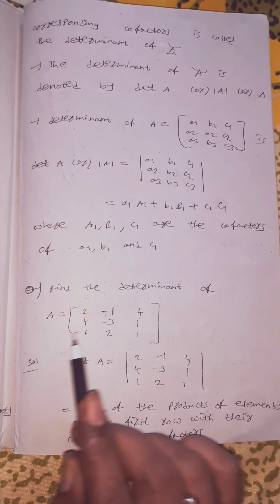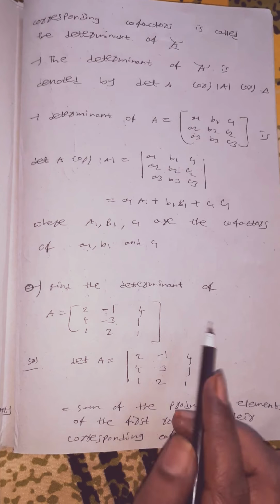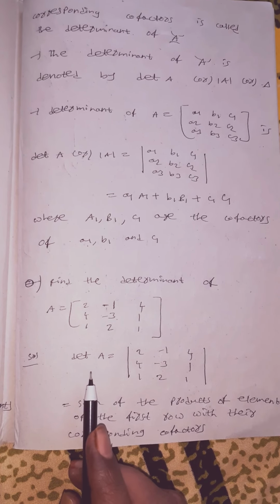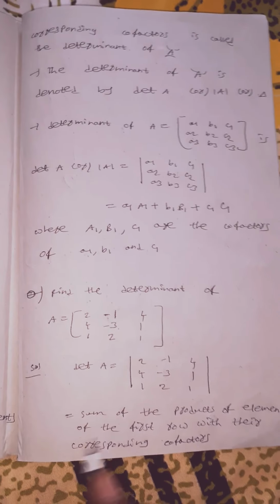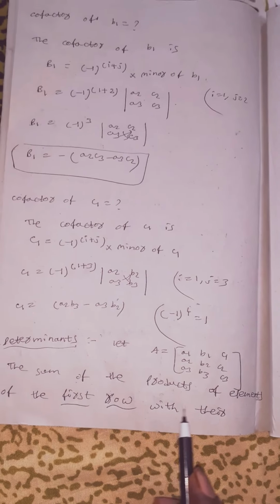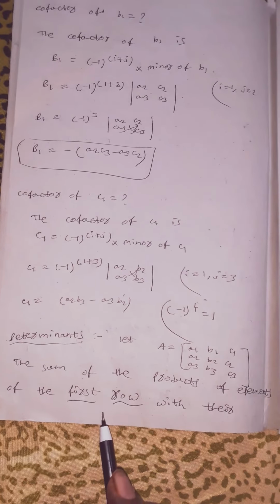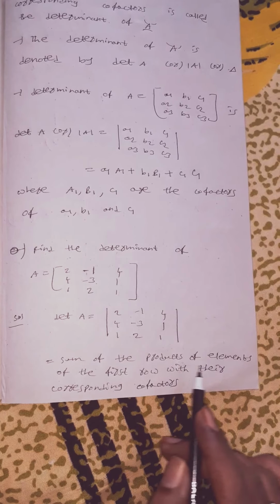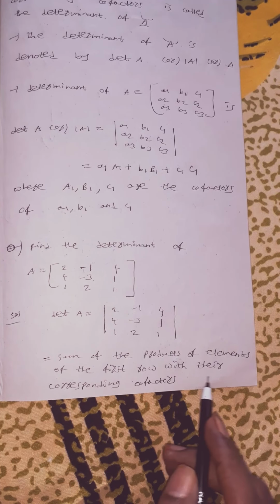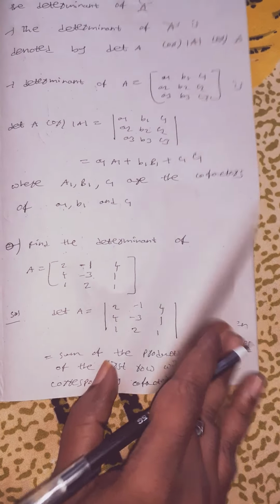So find the determinant of A, where A is this 3 by 3 square matrix. What I told in the definition: the sum of the products of elements of the first row with their corresponding cofactors.